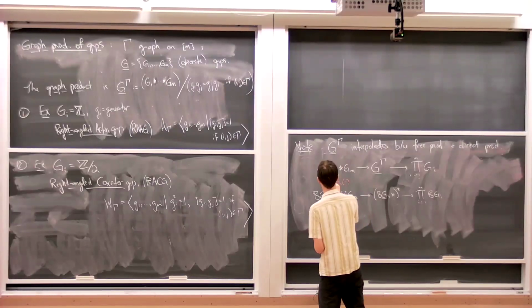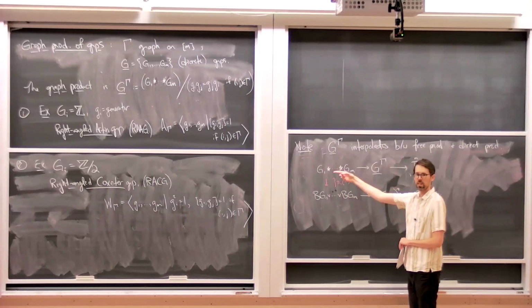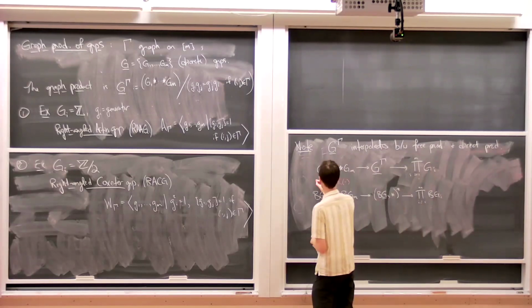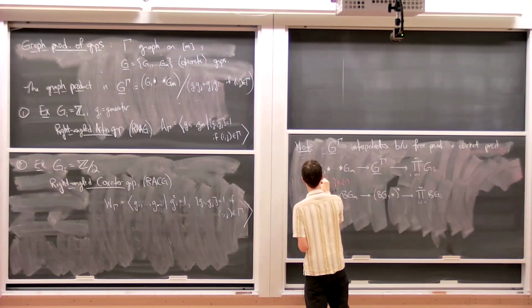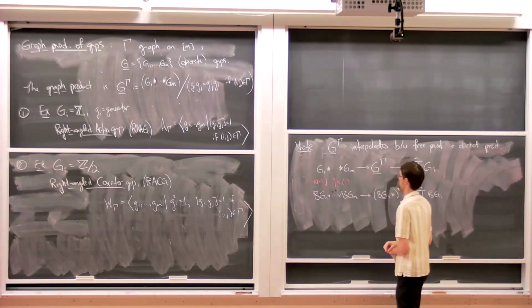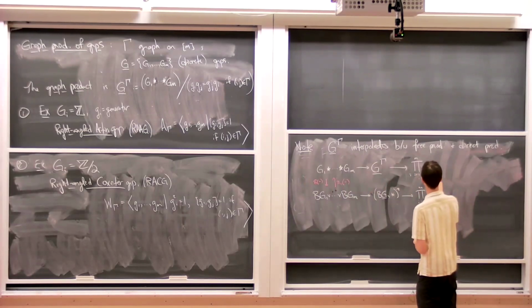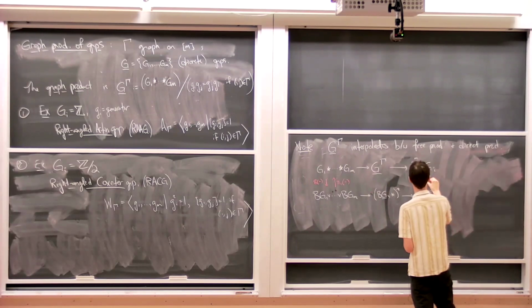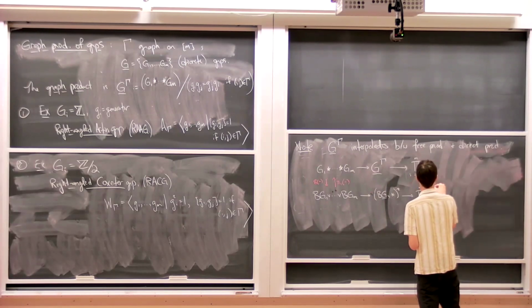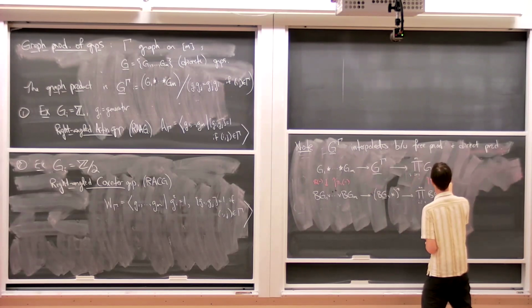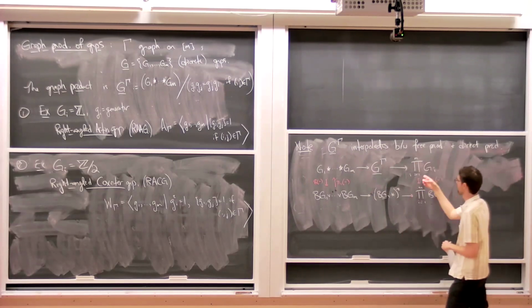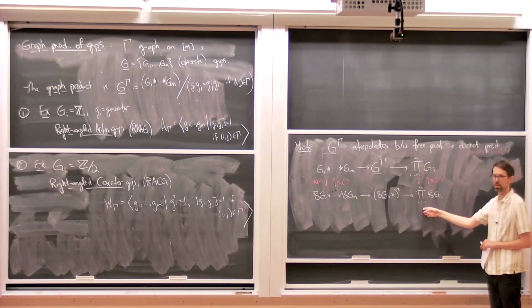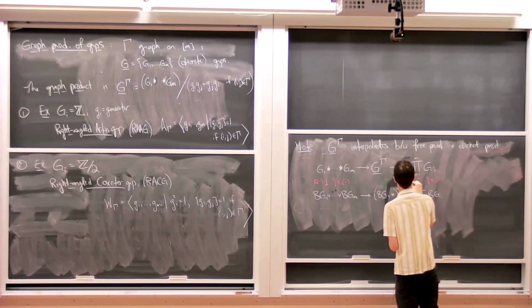Or going the other way, we could get this group with the functor B. That would give us a wedge of classifying spaces. Same thing at this end, right? Pi_1 of an ordinary product of spaces is just a direct product, or direct sum in this case, of the pi_1's. And the classifying space of a product of groups becomes a product of classifying spaces.